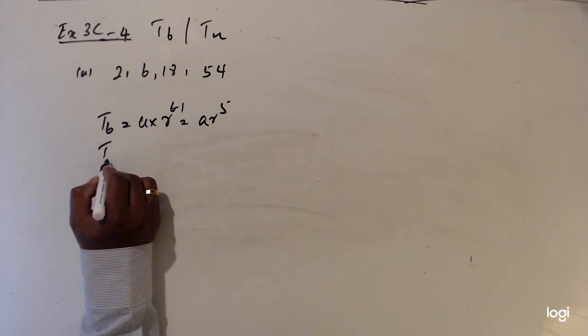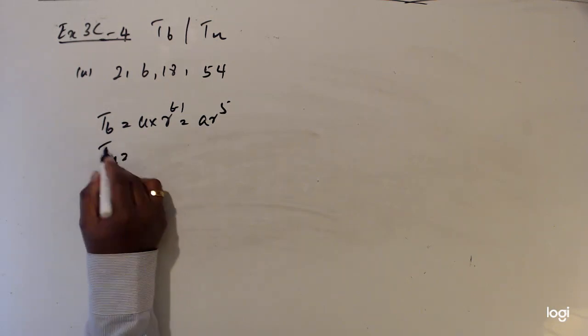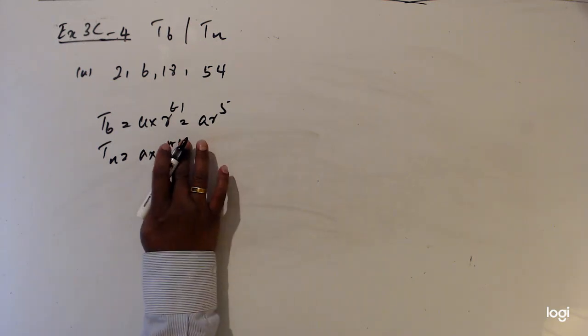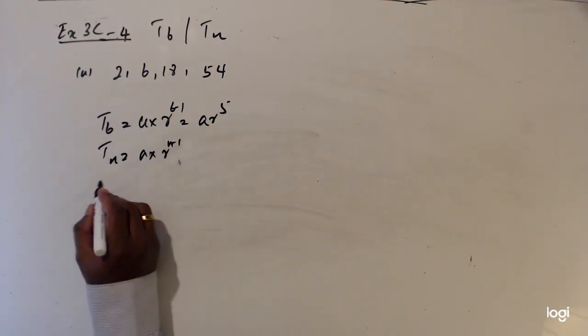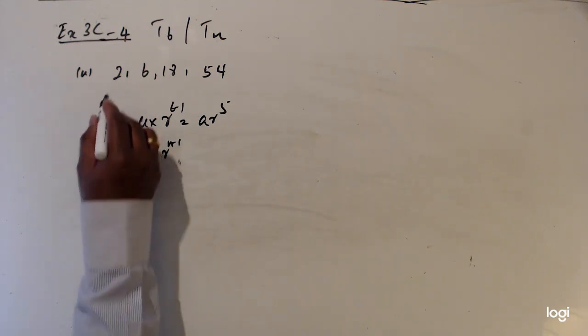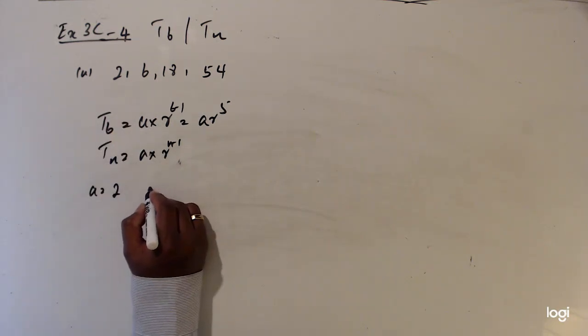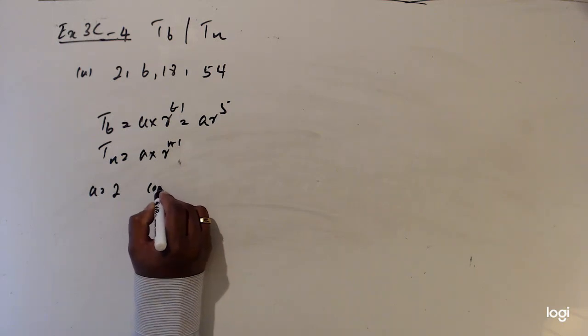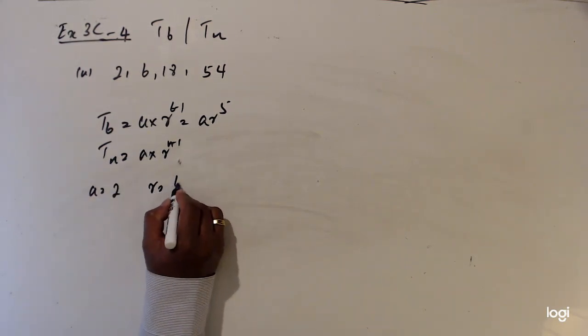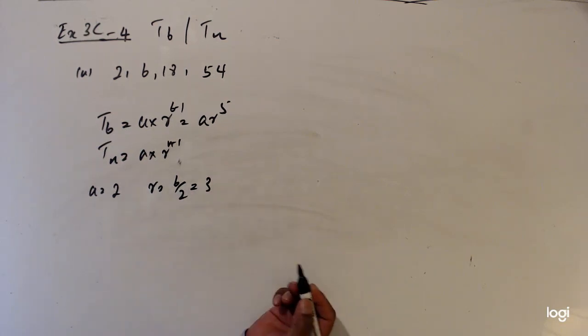Then the nth term, ar to the power n minus 1. Now we need to find a, the first term, and the common ratio r equals 6 divided by 2, equal to 3.